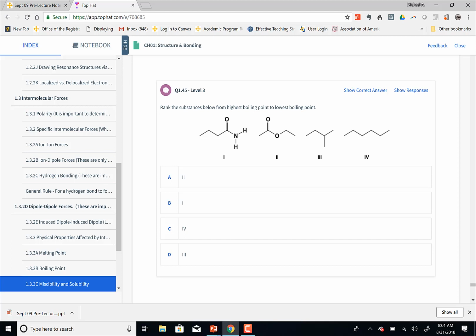Okay, boiling point, from highest boiling point to lowest boiling point. So what do we need to know if we're going to rank molecules according to melting point or boiling point? What do I need to know about the molecule? The intermolecular forces that it has.